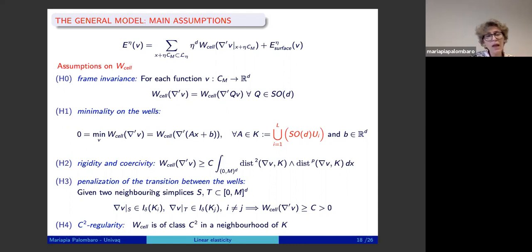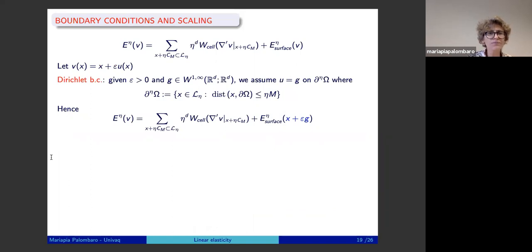And finally, we assume some C2 regularity of W cell in a neighborhood of the union of the wells. So this is the set of our assumptions. Under these assumptions, we prove the linearization. We give these general assumptions, and then we provide several examples that are covered by our analysis. Among our examples, there is every pairwise interaction with finite range, but we prove even other kinds of examples.